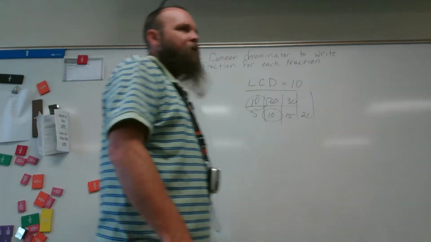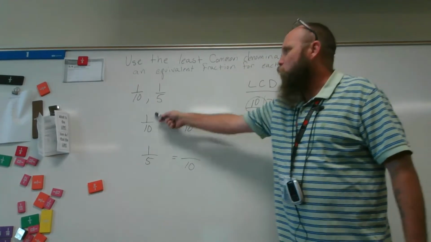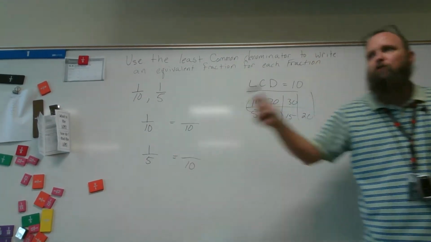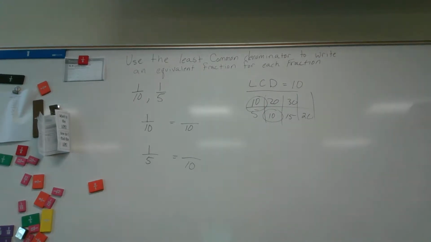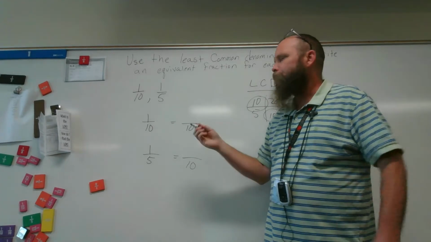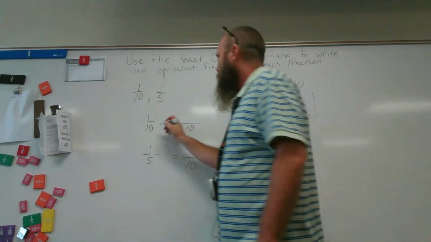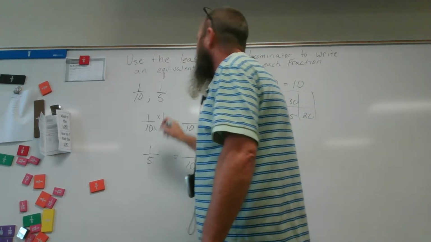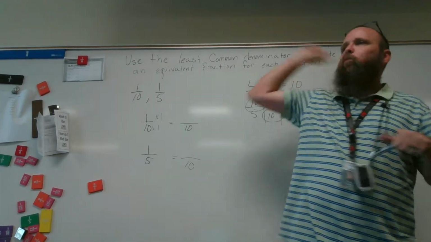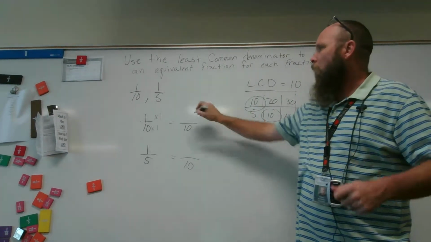All right, so Ava, I need to change 1/10 into something over 10 that is equal to 1/10. What did I multiply by here to get 10? 1. So if I multiply my denominator by 1, I must also multiply my numerator by 1. And 1 times 1 is what, Ava? 1.